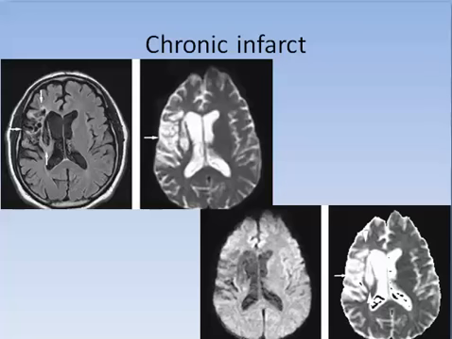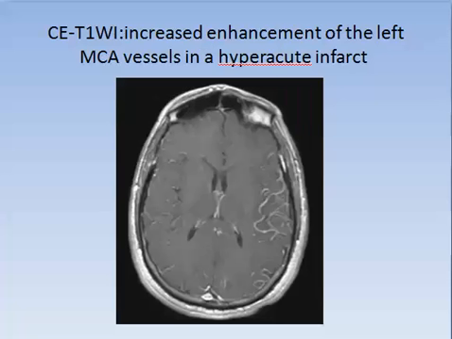So if you want to summarize a hyperacute, it's showing as vasodilatation in contrast examination.